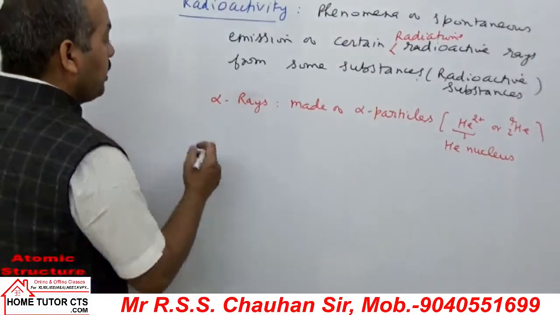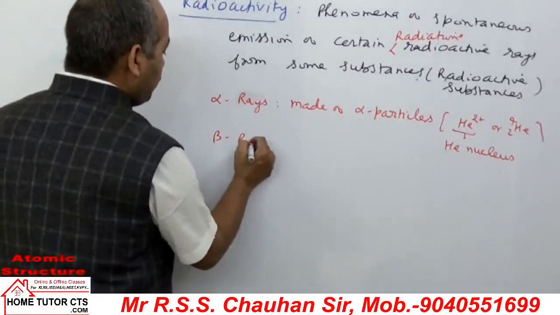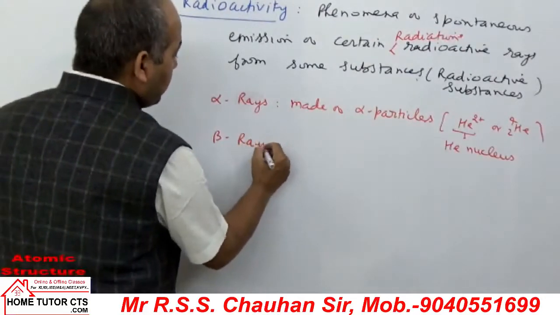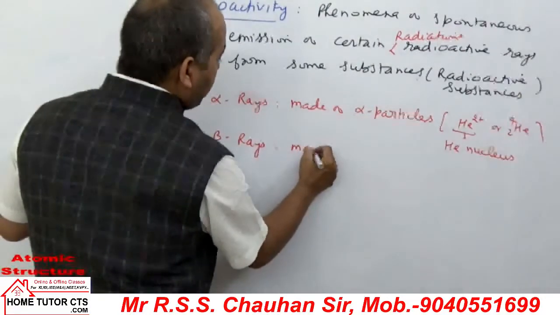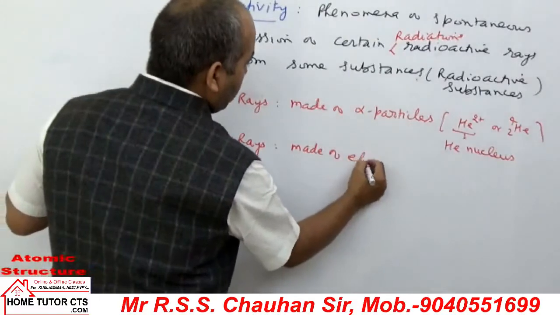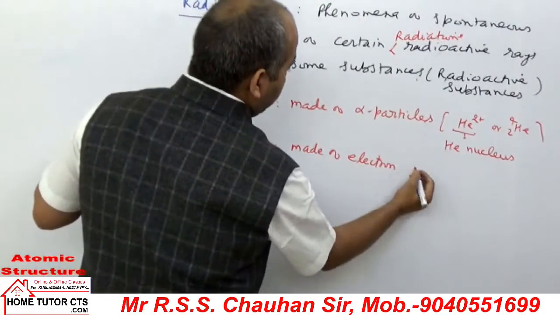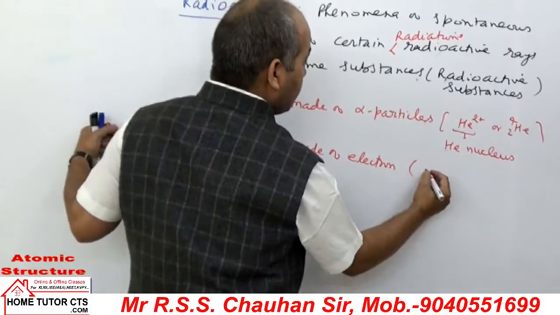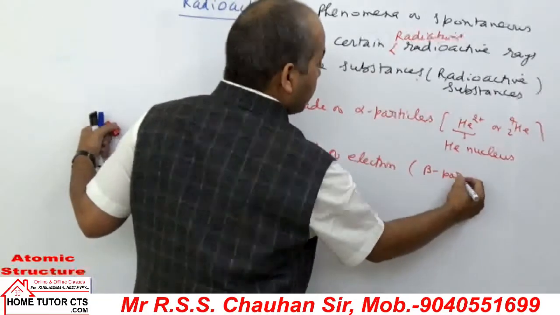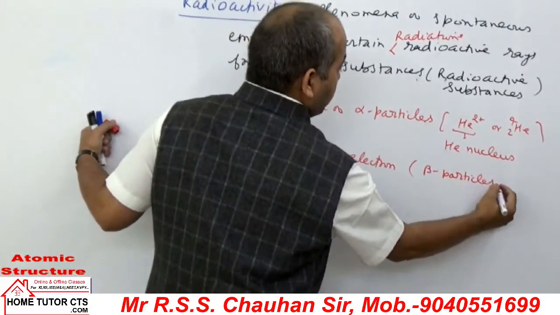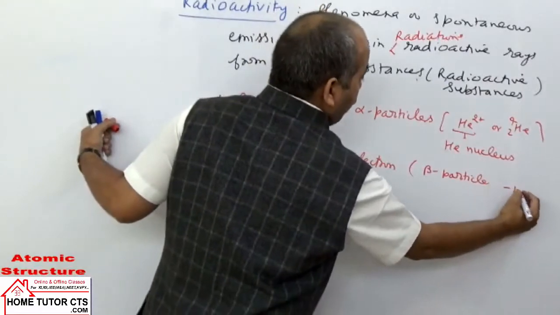Then second is beta rays. Beta rays are made of simply electrons. Symbolically, the symbol for beta particle is -1E0.